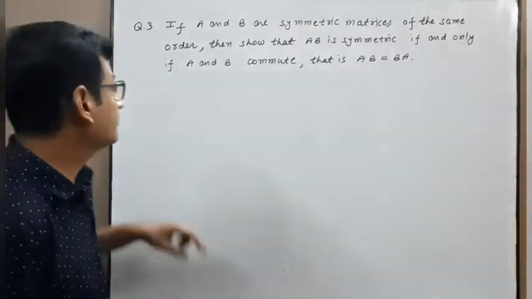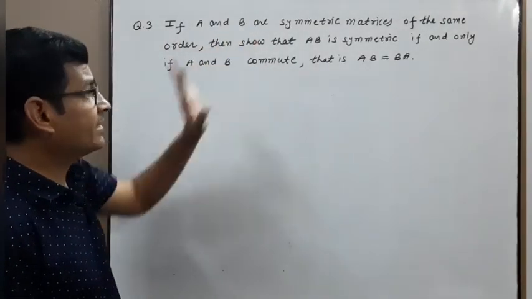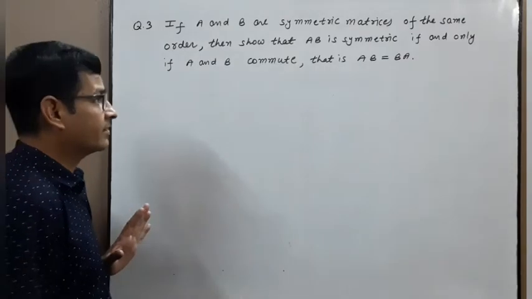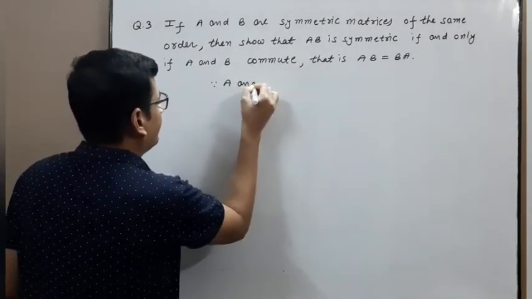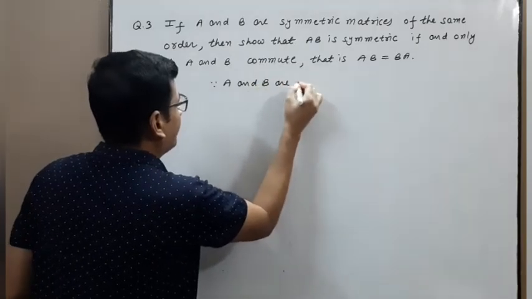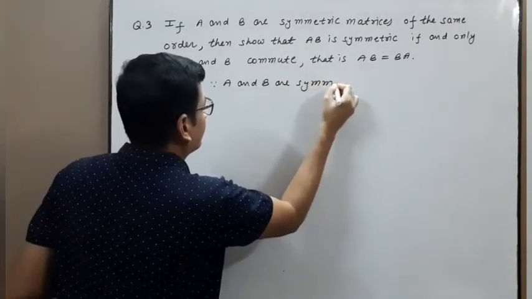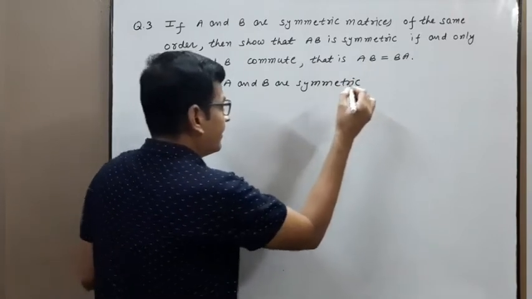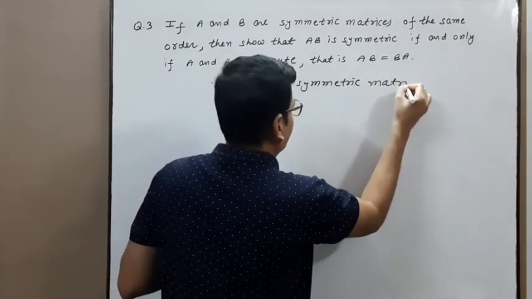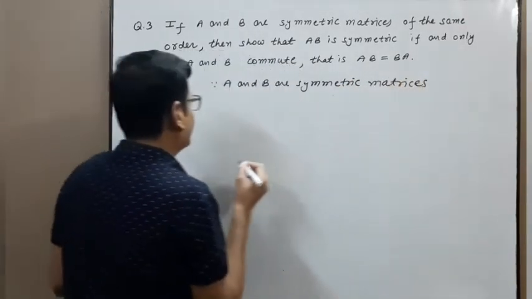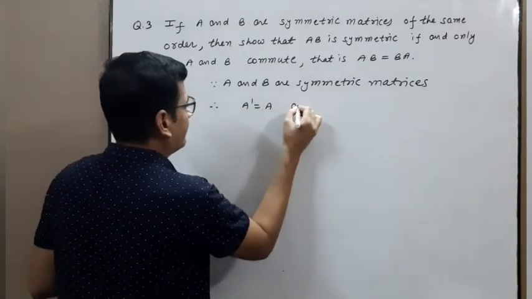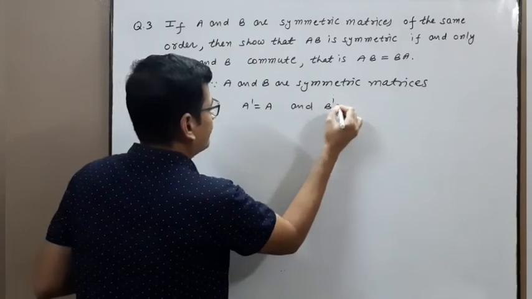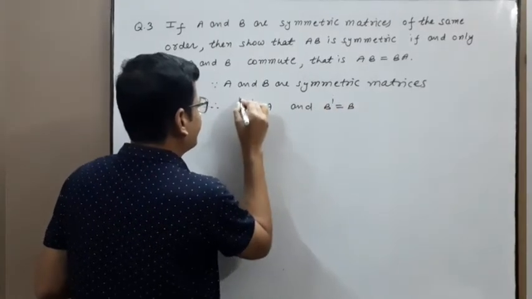Next problem. If A and B are symmetric matrices of the same order, since A and B are symmetric matrices, therefore transpose of A equals A and transpose of B equals B. This is the first line of the question.